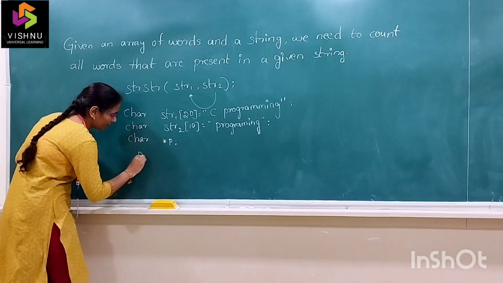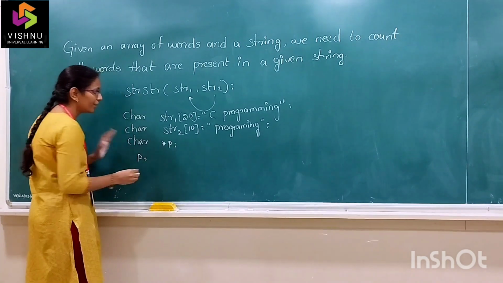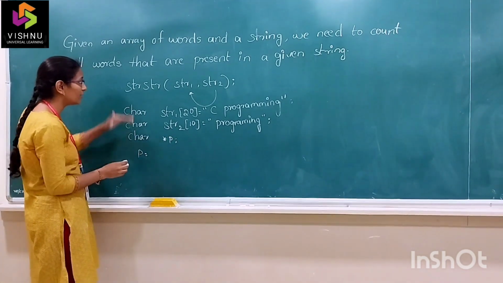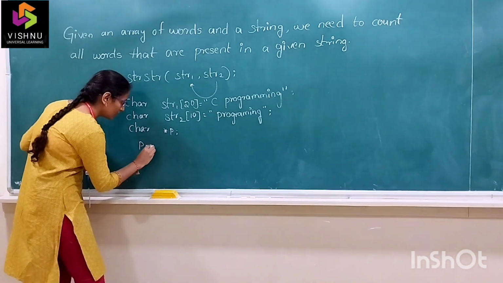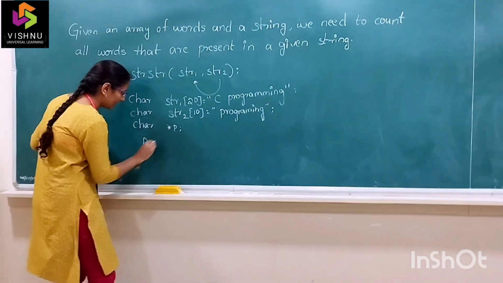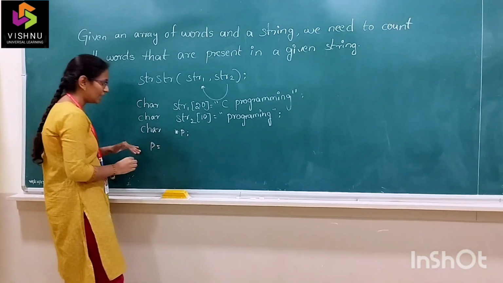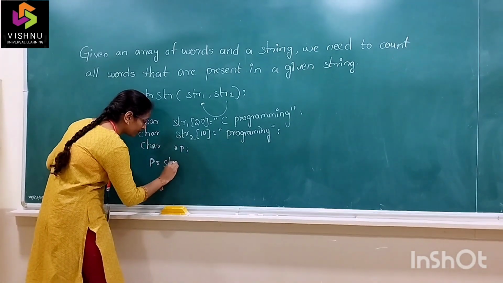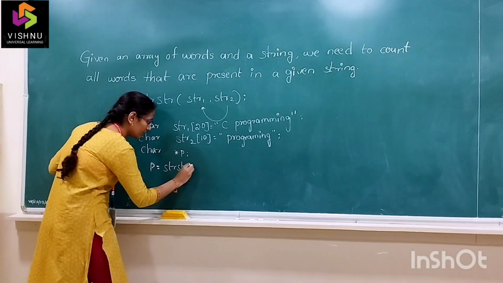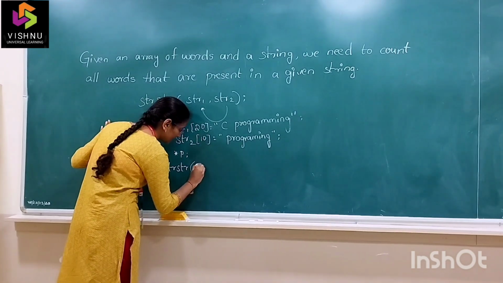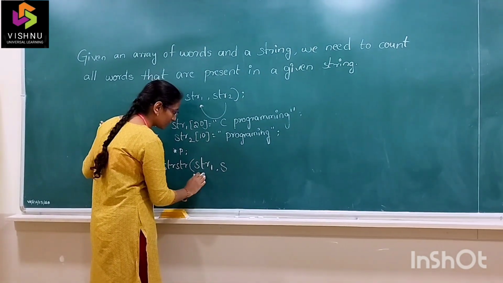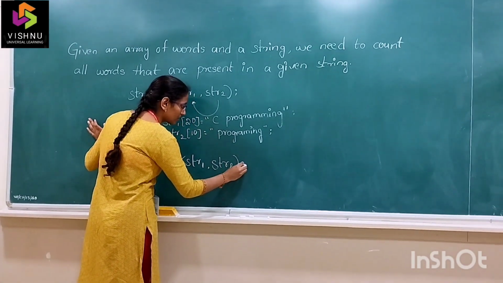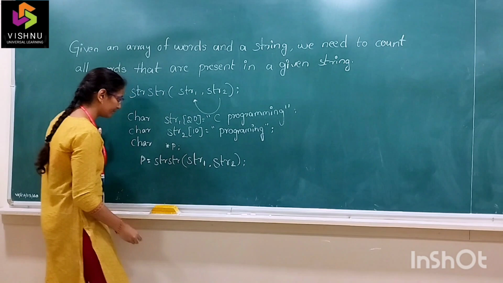Next, p equals to, I am going to catch the value returned by the strstr function, so I am going to assign the returned value to p. p is equal to strstr of str1, the main string as first argument, and the substring as second argument.